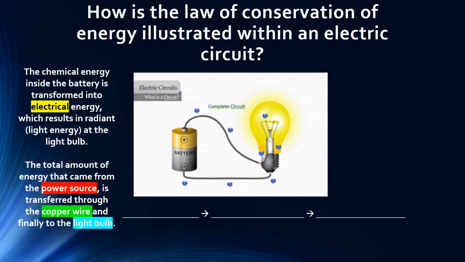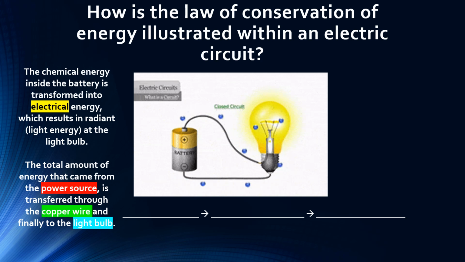And the answer here is, it's always moving. Those blue dots that you're seeing in this picture right now, those represent something called electrons. Those are particles that are negatively charged, and they carry that energy, electricity, throughout that circuit in a circle. Okay?